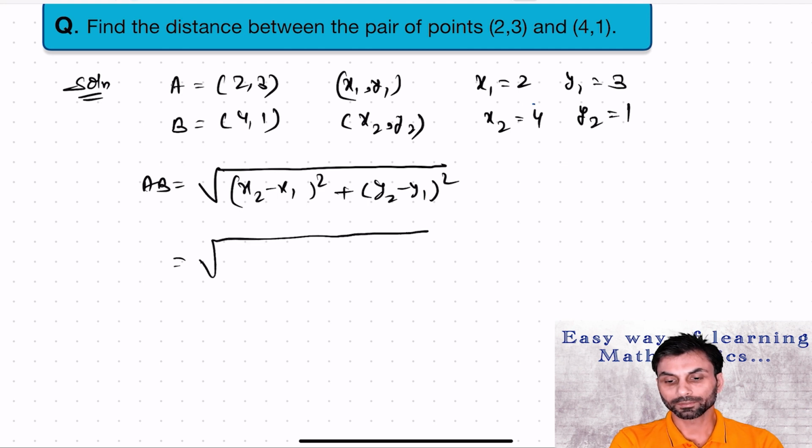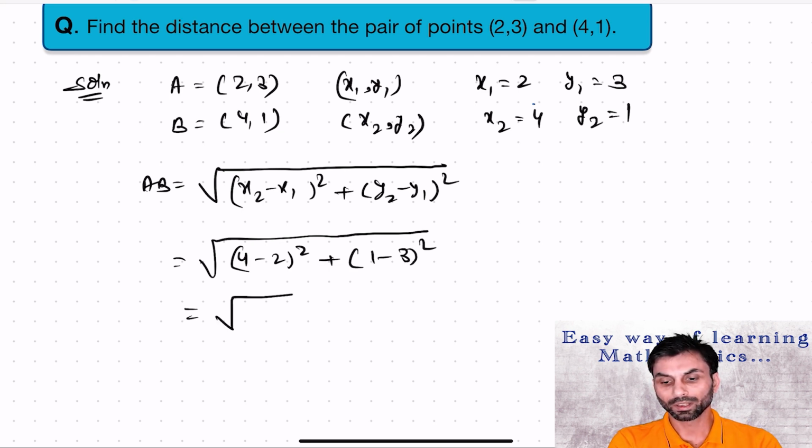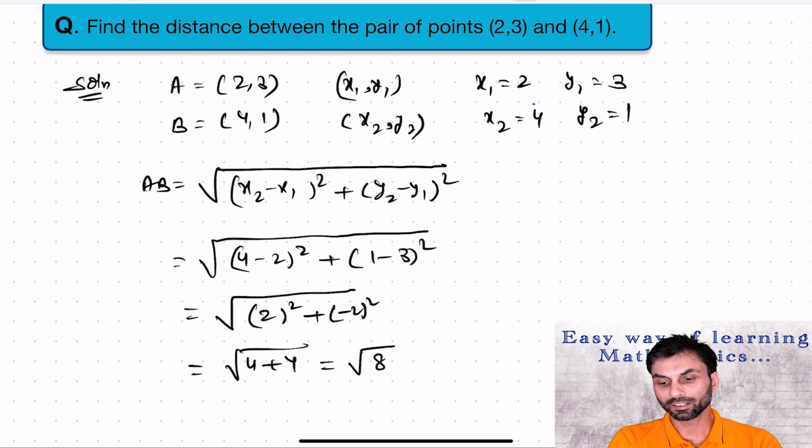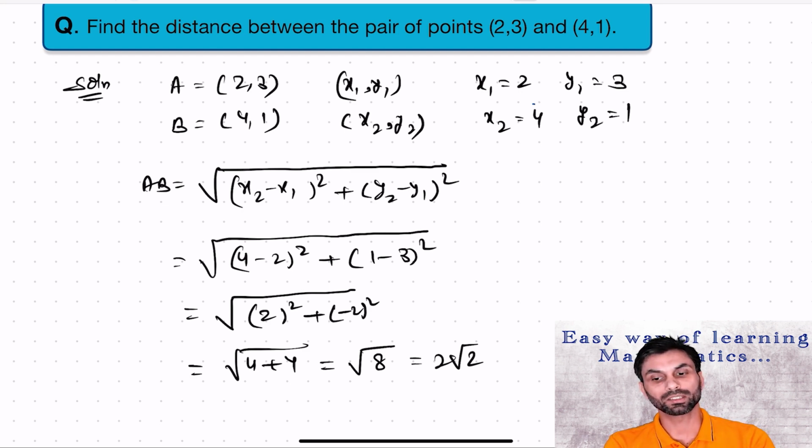On substituting, we get the square root of (4 minus 2) whole square plus (1 minus 3) whole square, which is the square root of 2 square plus (minus 2) square, which is 4 plus 4 under root. That is root 8, whose value is 2 root 2 units. This is how we can find the distance between 2 points when the coordinates are given.